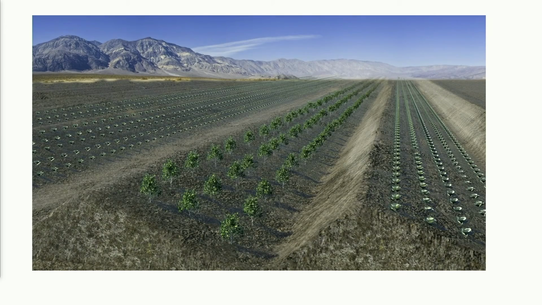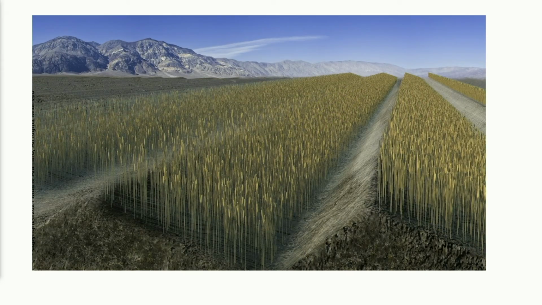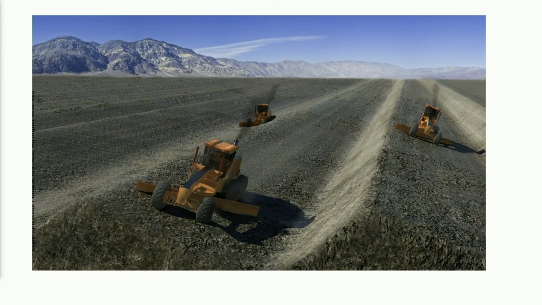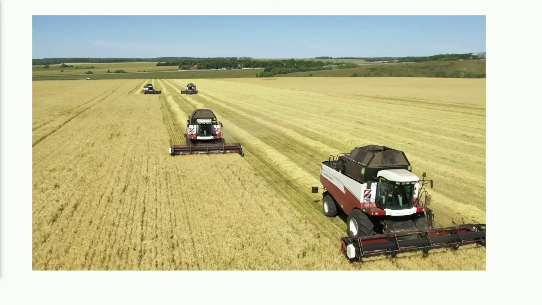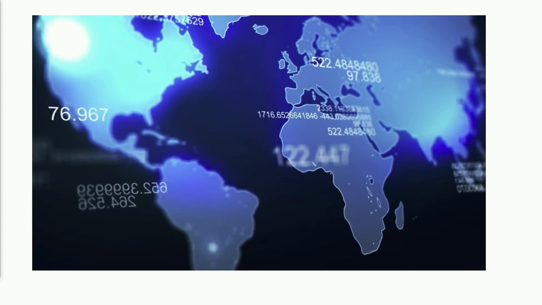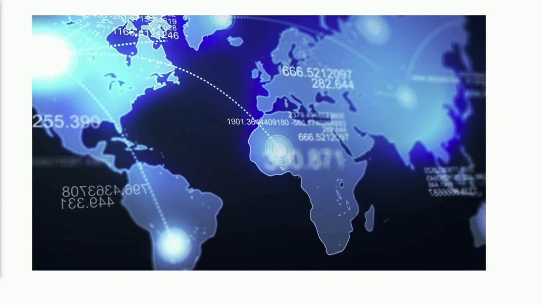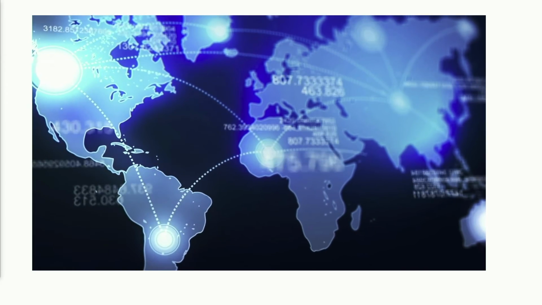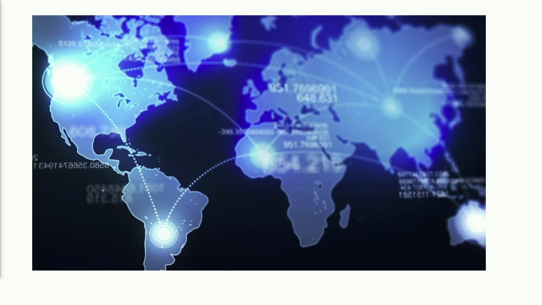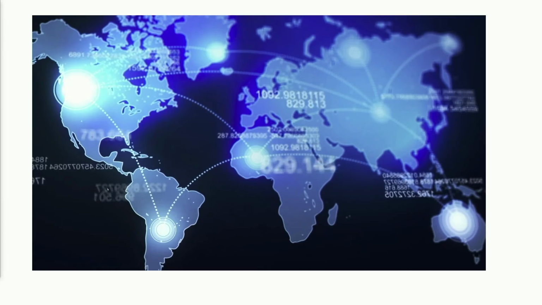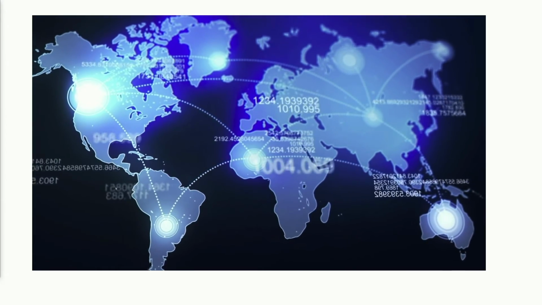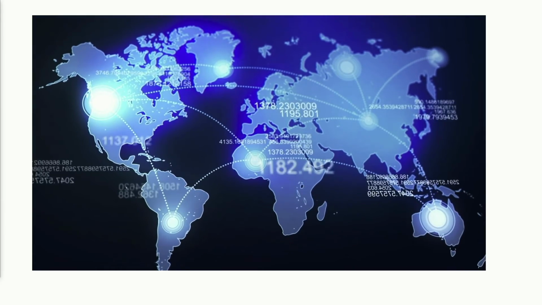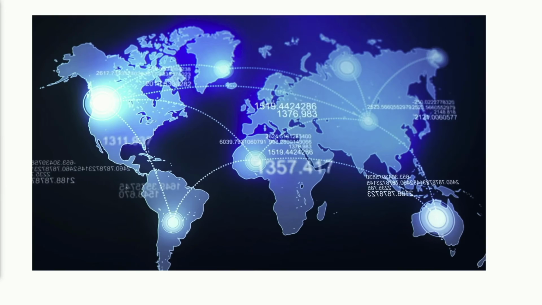So, as I said before, this has the possibility to produce local jobs and to feed millions of people around the world. Right now, the world food system is highly integrated. For example, in 2008, there was a drought in Russia, which caused food prices worldwide to go up.